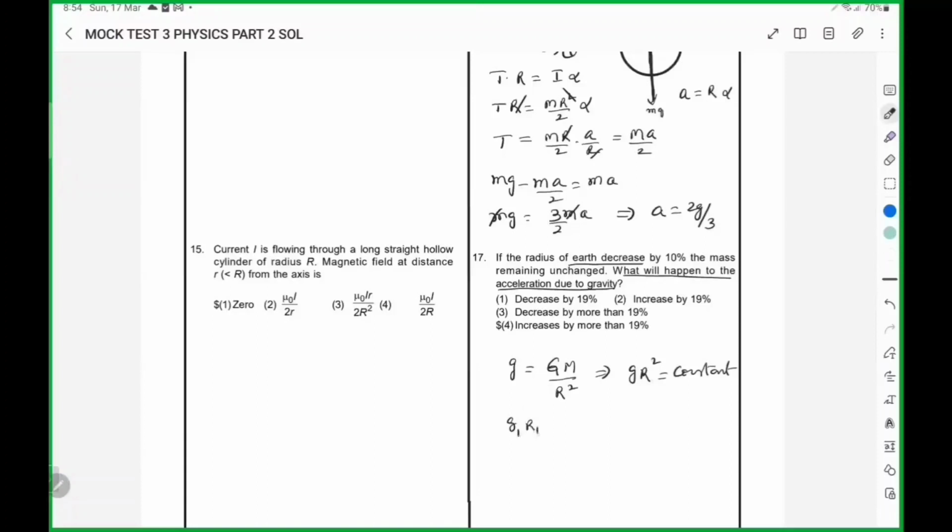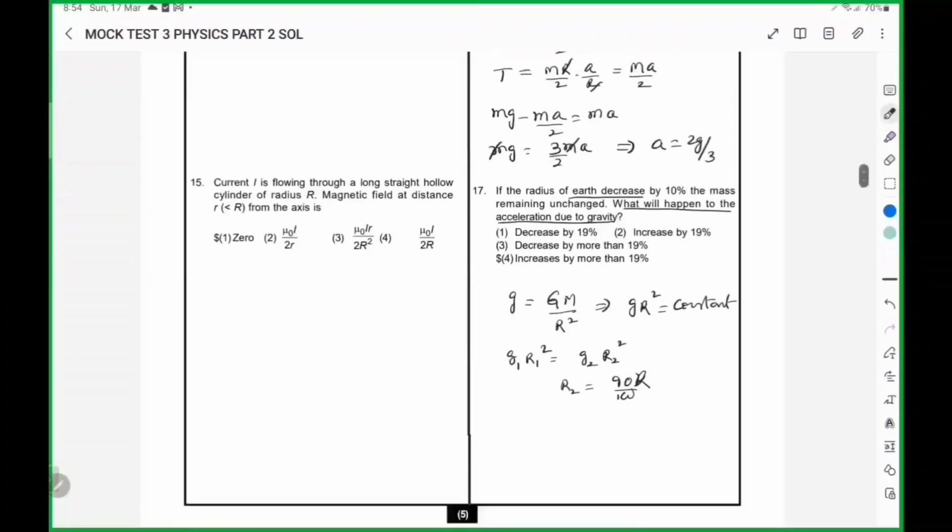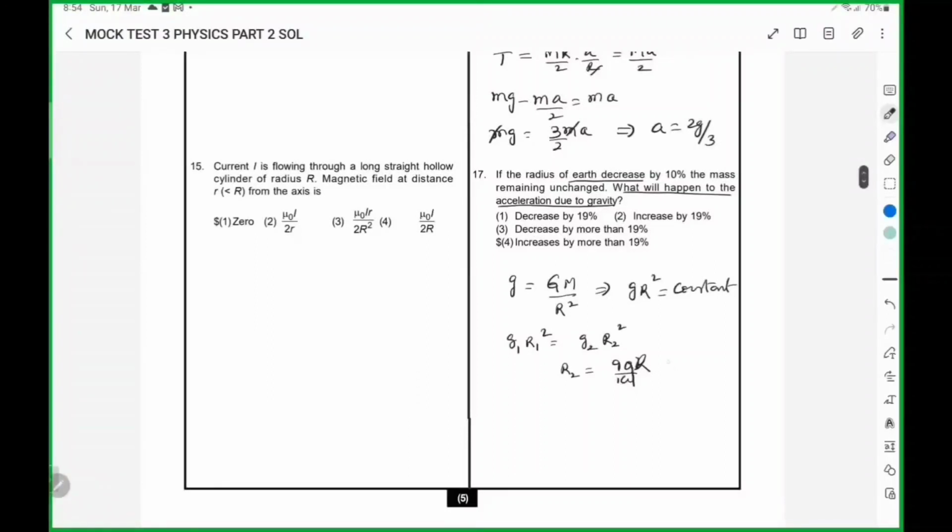So g1 r1 squared is g2 r2 squared. The radius is decreased by 10%, which means the present radius is 90%, so it is 9r by 10.